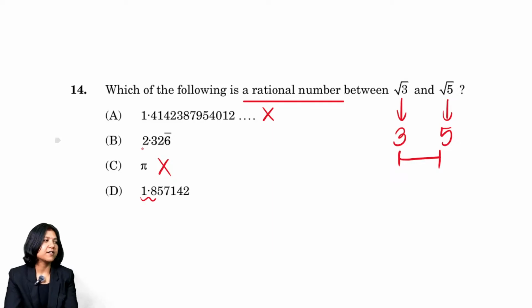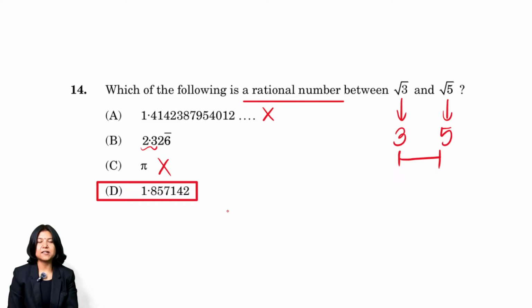But if you find the square of 23, it's definitely more than 5, it's 529, if I'm not wrong. So I clearly see that the square of this number fits between the square of 3 and 5. That is the reason I'll mark this answer. Very simple. You can just compare in terms of the square values without having to know the actual values for root 3 and root 5.